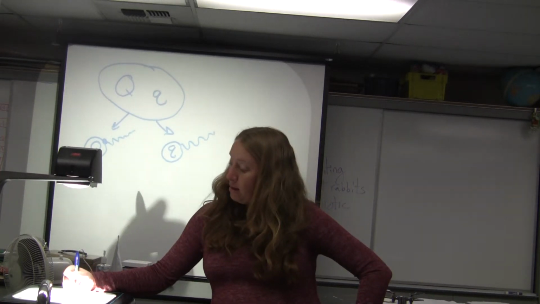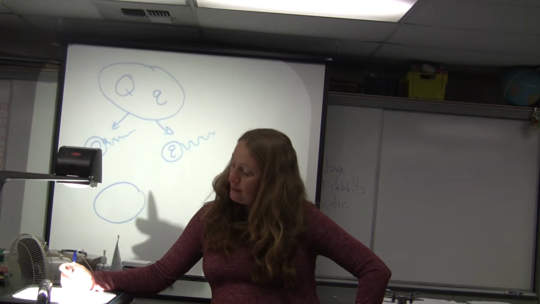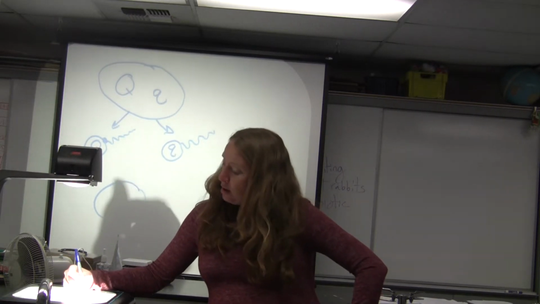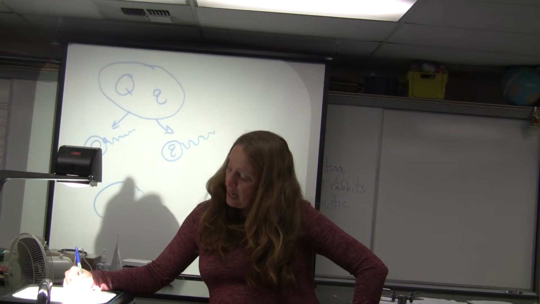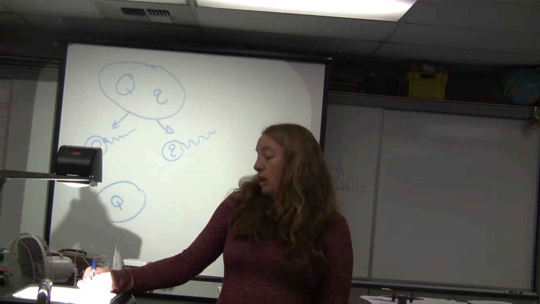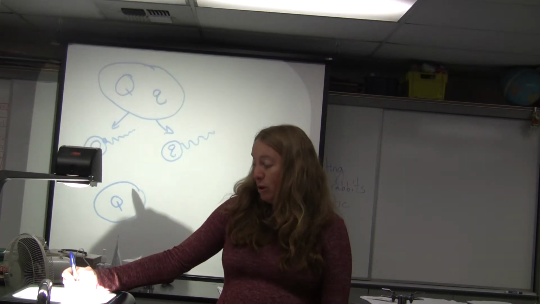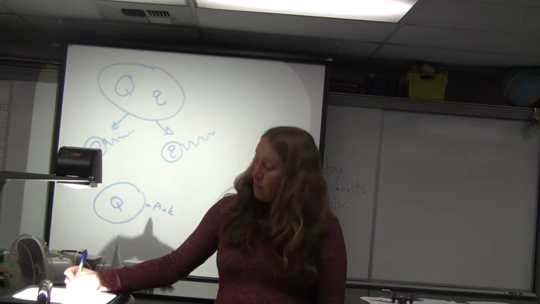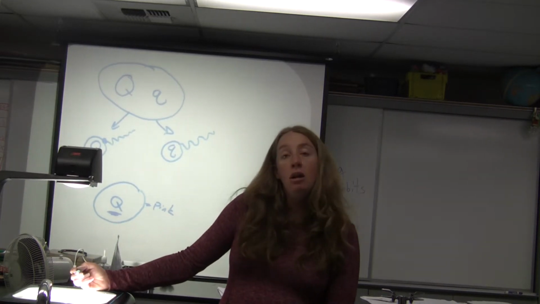So let's say Squidward's lady friend, I forget her name, let's say she's got an egg with a big Q. So either way, whether this sperm wins or this sperm wins, this kid is coming out pink no matter what because of that dominant allele.